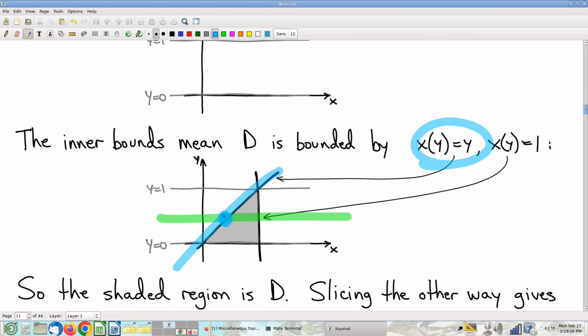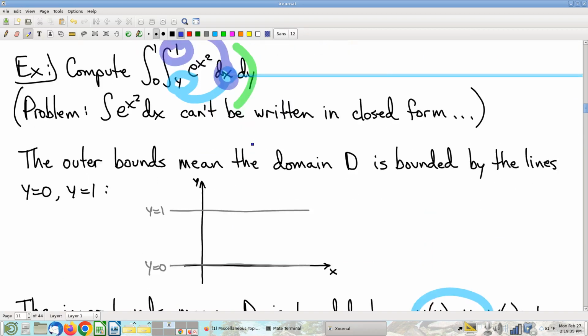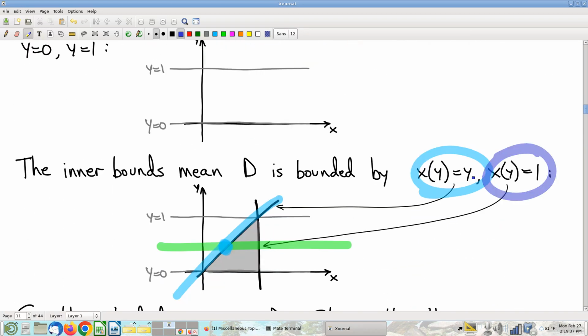There's my lower bound for x. And then let's see here, it says right here that the upper bound for x is 1, which is that curve, which would be that point.